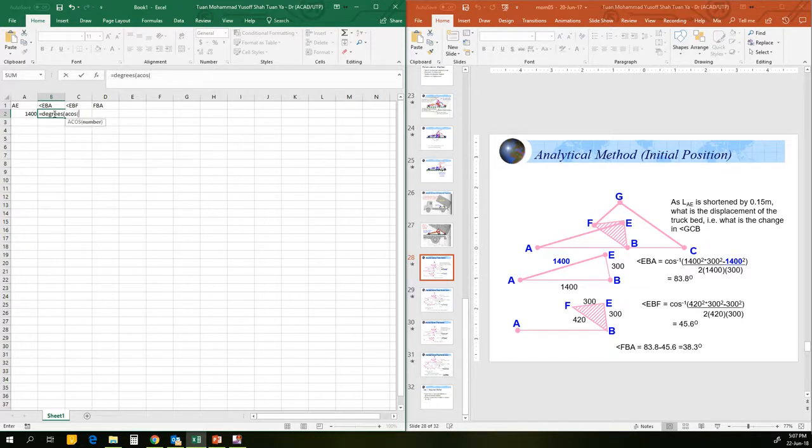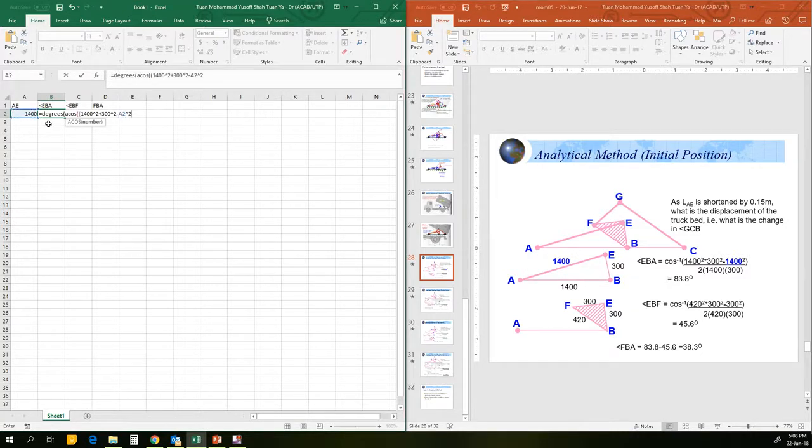We have two parts, the top and the bottom part. We put the top part first: 1400 square, using that sign to denote square, plus 300 square, then minus 1400 square, which represents this length.